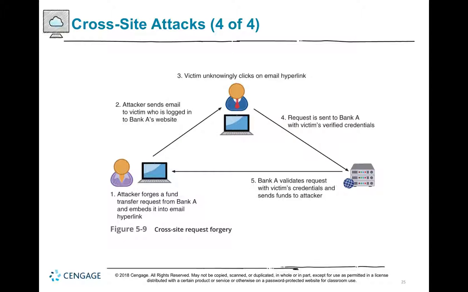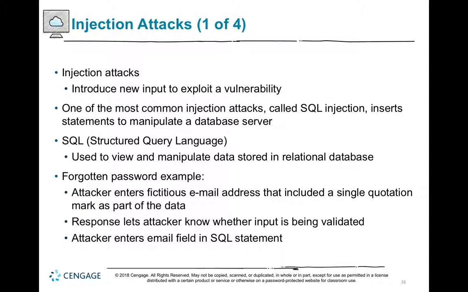All right, so those were cross-site attacks. Injection attacks. So injection attacks introduce a new input to exploit a vulnerability. So the big one here is SQL injection. That's a very common vulnerability.